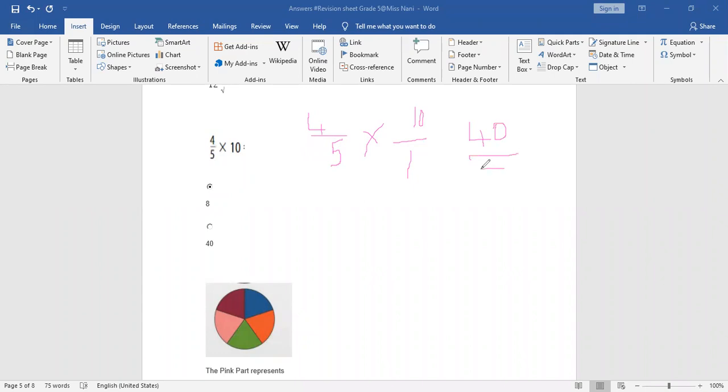So 40 out of 5 is 8, because a fraction is another type of division. So 40 divided by 5 is 8. It's complete.